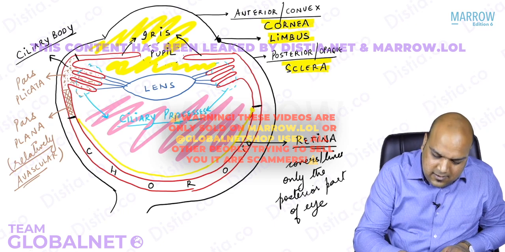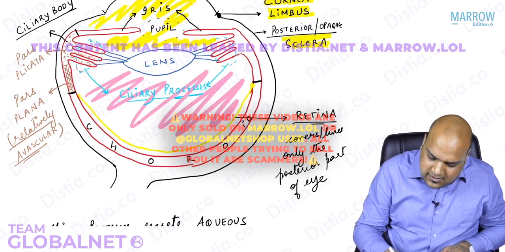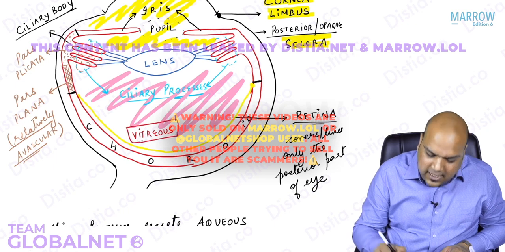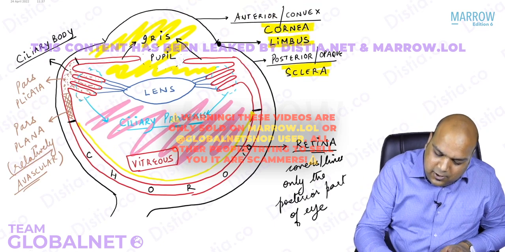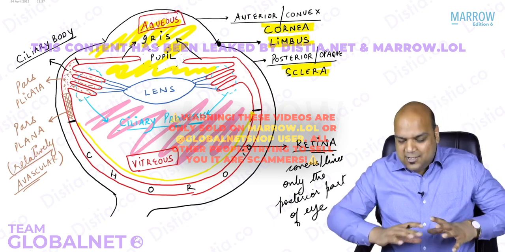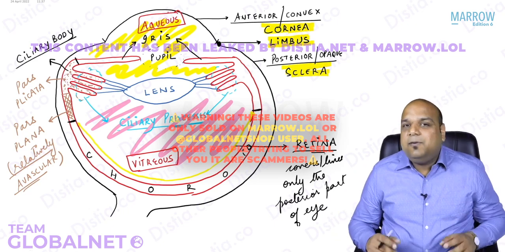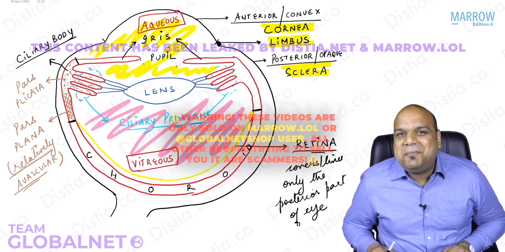The space behind the lens contains vitreous, as we had seen in our 3D model, and the space in front of the lens contains aqueous. So if you understand this diagram and the 3D model, I hope you will be clear with the anatomy. If not, everybody, I can tell you another way to remember it.